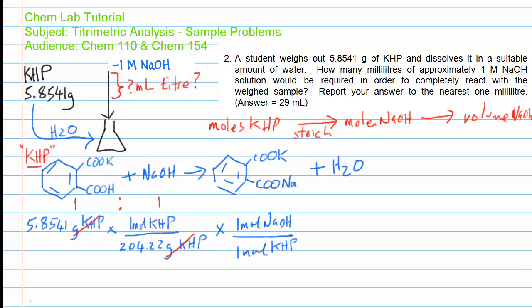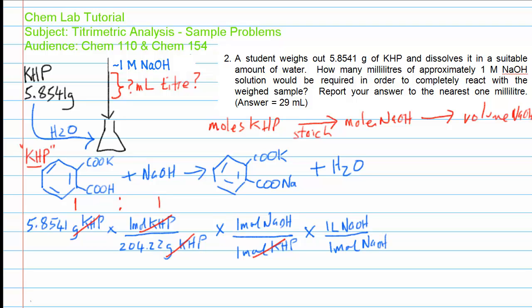We do that, we get the moles of potassium hydrogen phthalate to cancel, leaving us with moles of sodium hydroxide. So now we can convert this to volume of sodium hydroxide by multiplying by 1 litre of sodium hydroxide per 1 mole of sodium hydroxide.